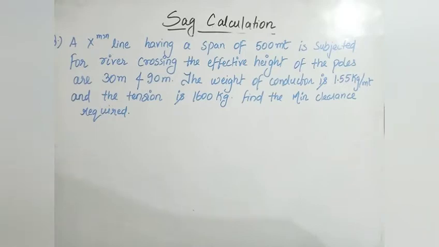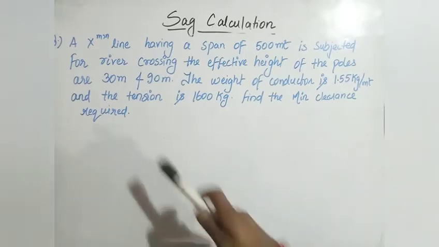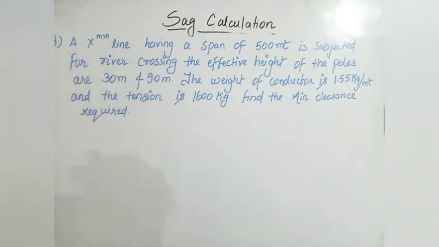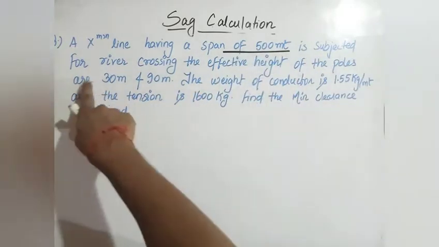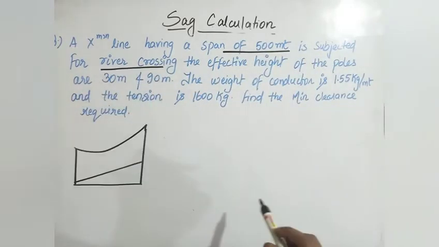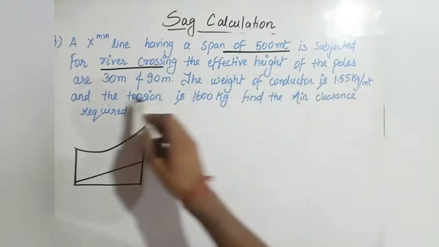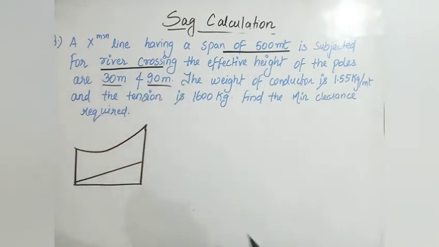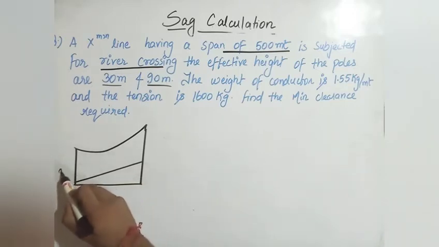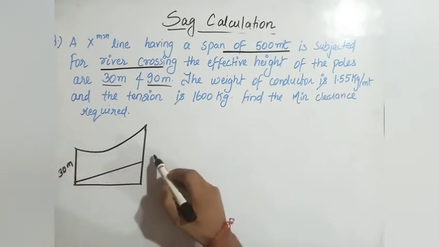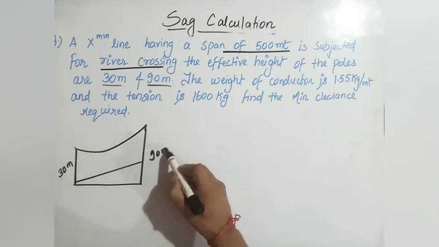Now in the next question, a transmission line having a span of 500 meter is subjected to a river crossing. The effective heights of the poles are 30 and 90 meter. This is 30 meter and this is 90 meter.